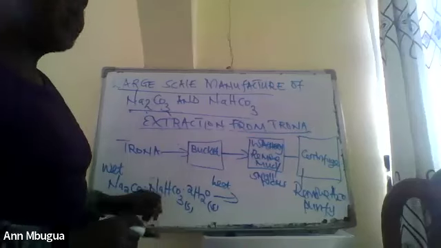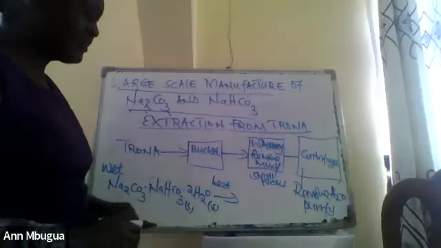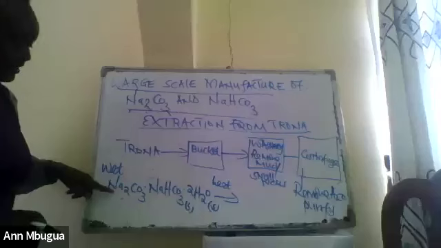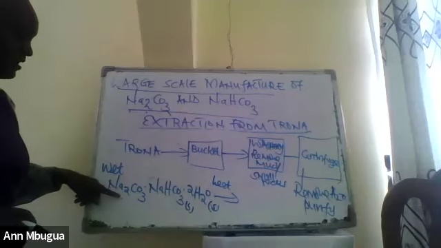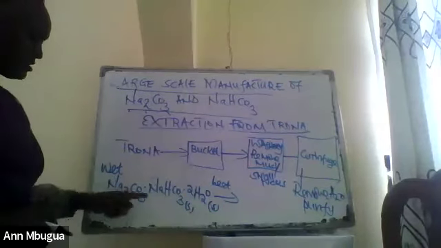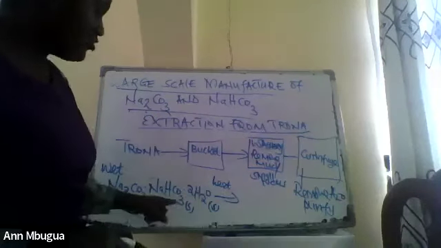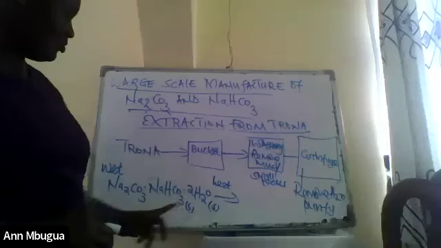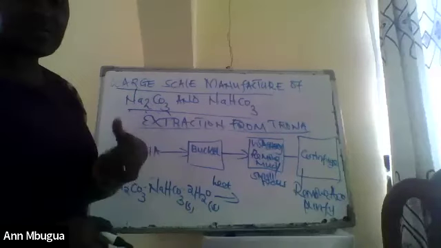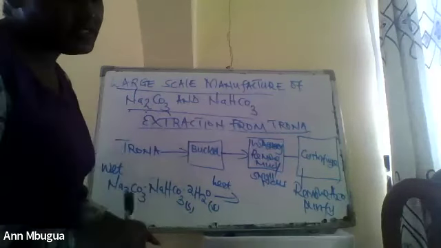And what happens from the effects of heat on the sodium hydrogen carbonate? We started with sodium carbonate, which we said if you heat it, it will not decompose. We went on to sodium hydrogen carbonate, which when you heat it, decomposes to the sodium carbonate, the carbon 4 oxide, and water.